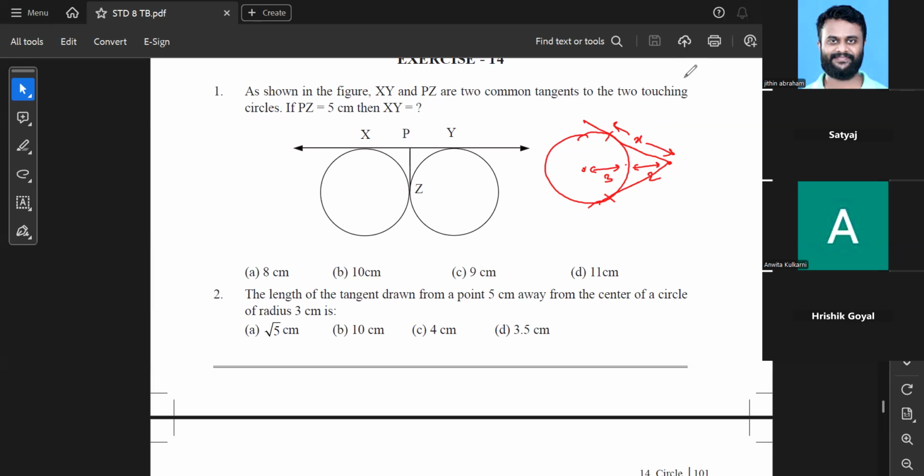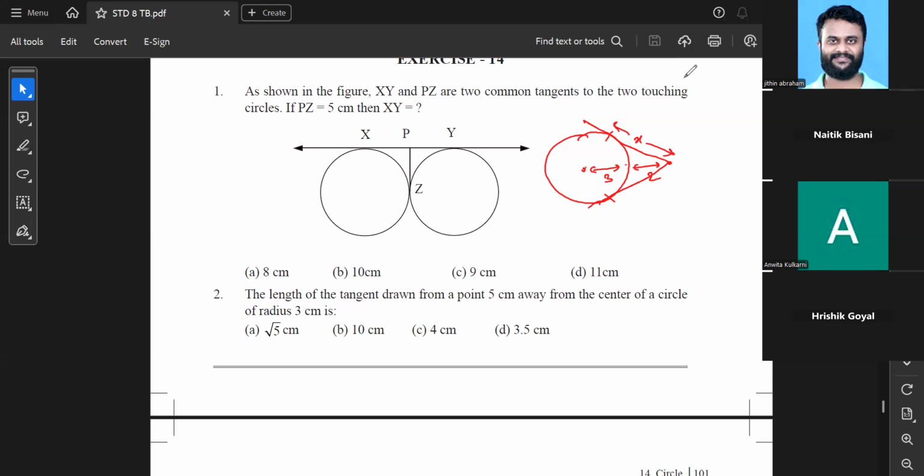So the radius and the tangent form 90 degrees. So the opposite of that is the distance between the center and the point 5 centimeters away. So that will be the hypotenuse. Sir, can we use the Pythagoras theorem in this?